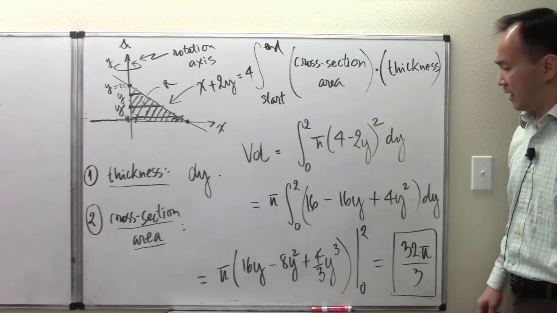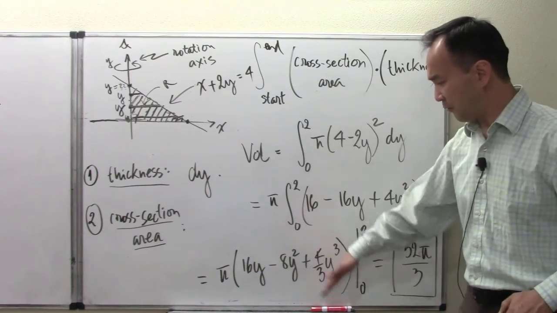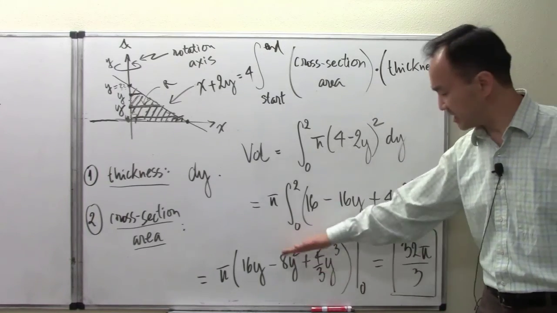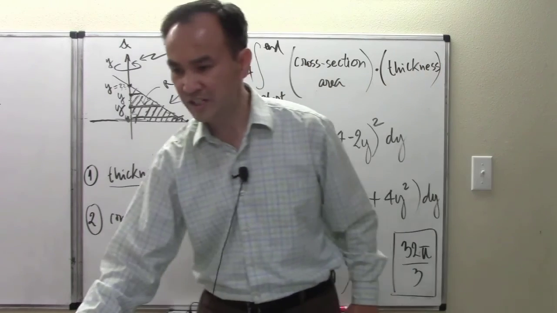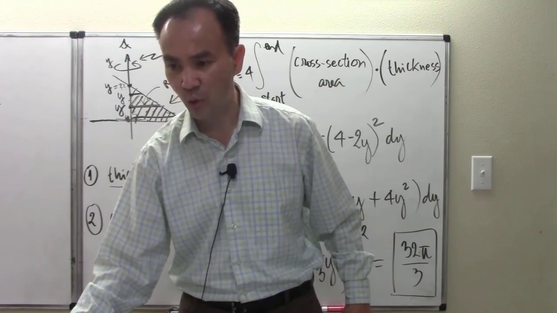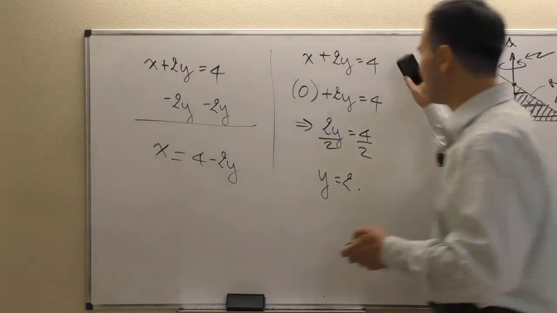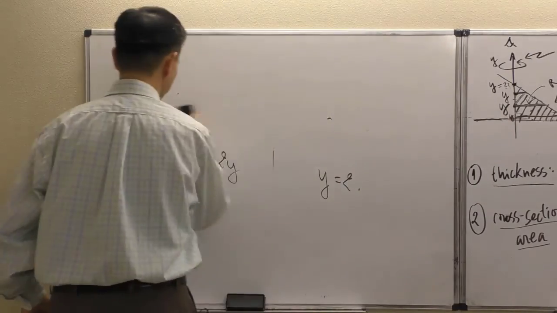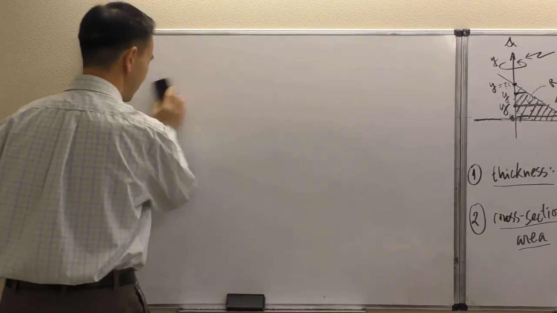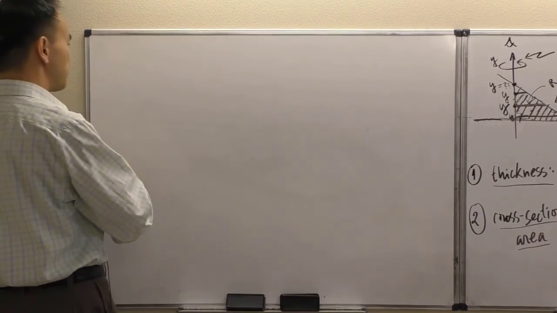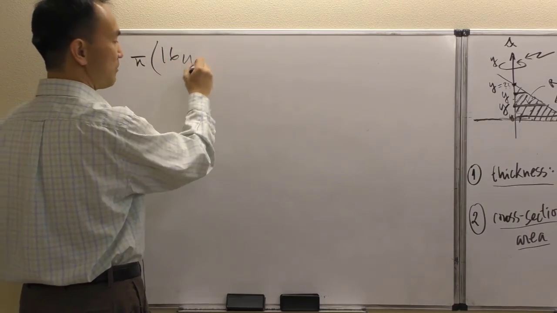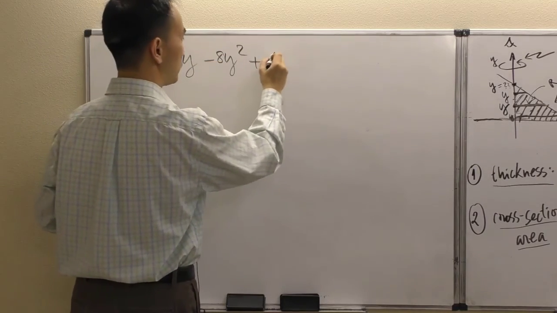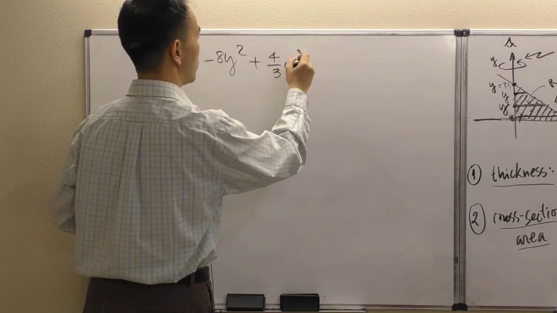All right, before I wrap up, in case anyone is wondering how I got this with the fundamental theorem of calculus, let me quickly spend a step on it, even though you're not required to watch this. From that step, pi times 16y minus 8y squared plus 4/3 y cubed.